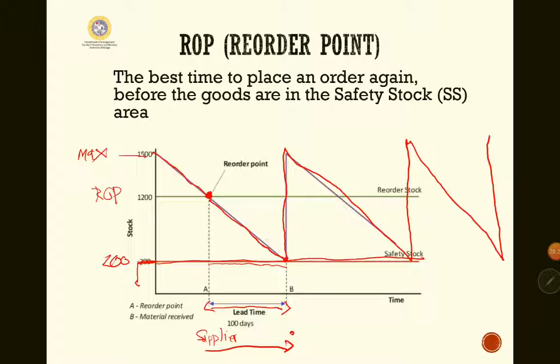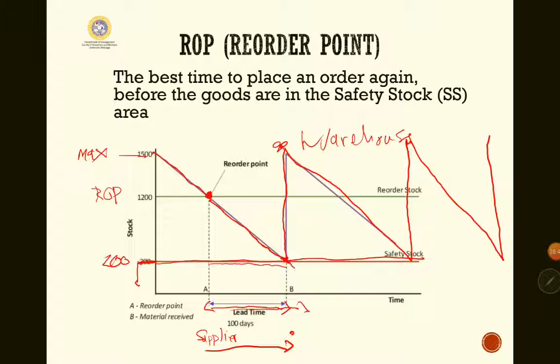The other point, the safety stock: you should have your stock already available in your warehouse. What if you run out, or the lead time is longer than you expected?